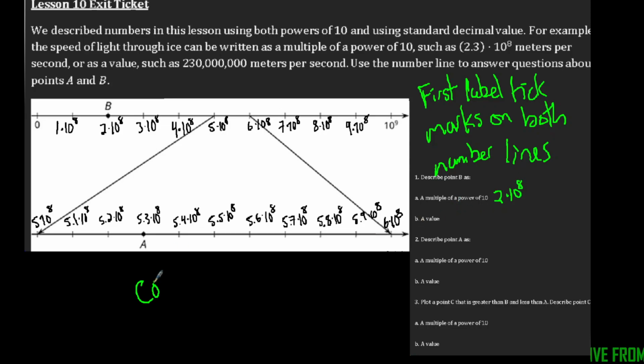So count zeros. I have 2, then 1, 2, 3, 4, 5, 6, 7, 8. So then I can actually use those commas every 3 spaces to make my number. So try that one out, come up with another value that is in between A and B. Make sure you label it as power of 10 and as a full expanded value.